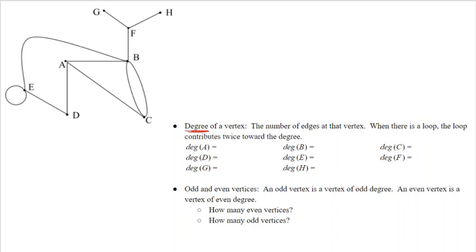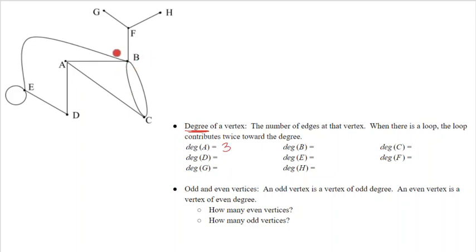So if there's a loop, you count both ends of the loop. So we're going to go through and write the degree of each vertex in this diagram. So at A here, I know this diagram isn't perfect, but there are 3 edges that come into vertex A. So the degree of A is 3.